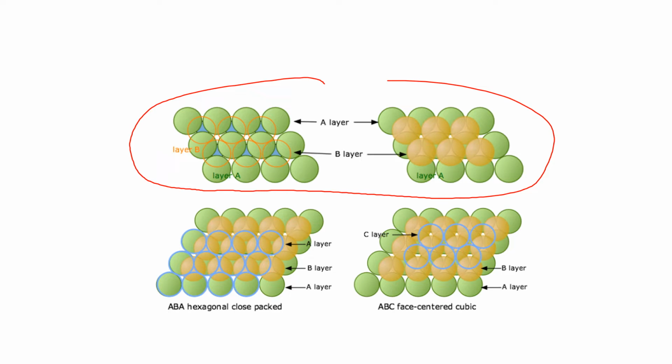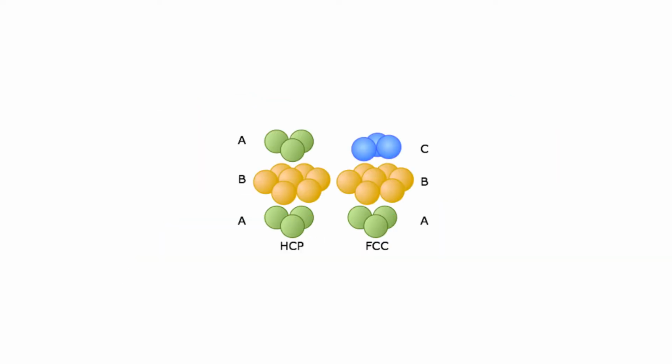If you select a different third layer, that is a C layer, and keep it on the interstitial or vacant sites of the B layer, that will lead to a face-centered cubic or cubic close packed structure. On the other hand, if you repeat layer A on top of layer B, that will lead to the hexagonal close packed structure as shown here.